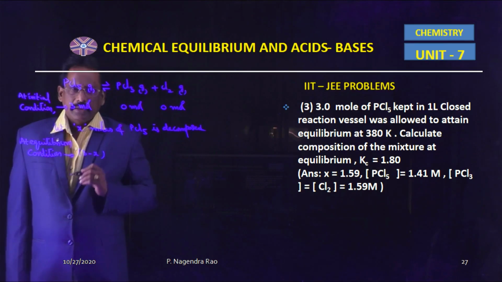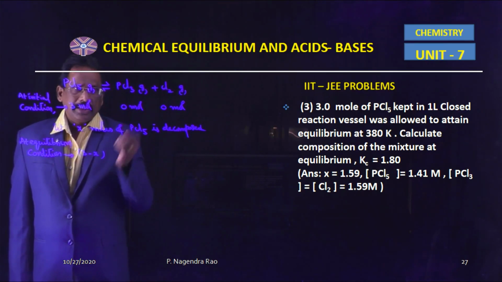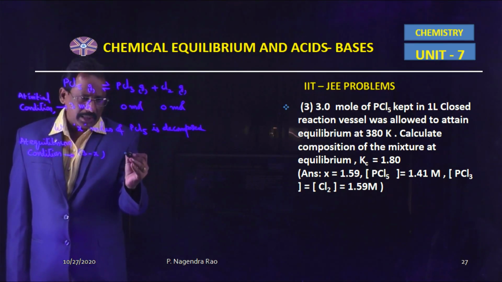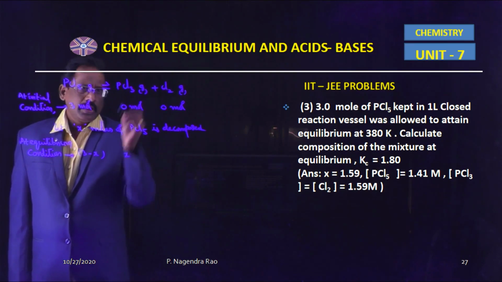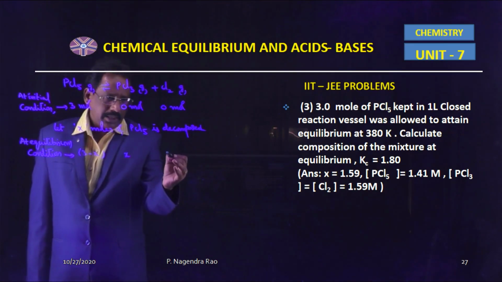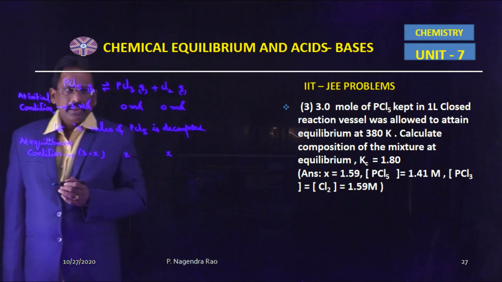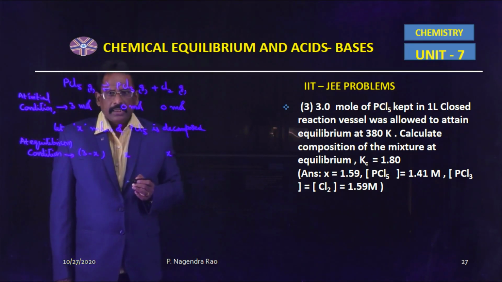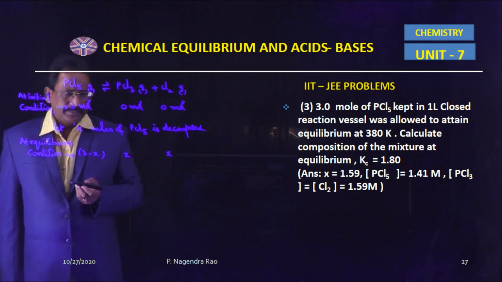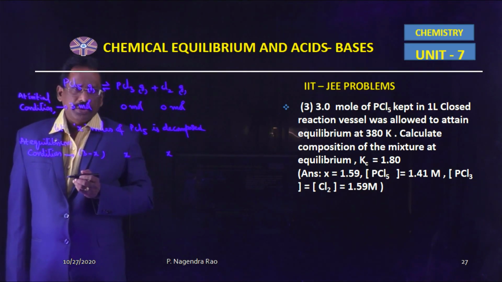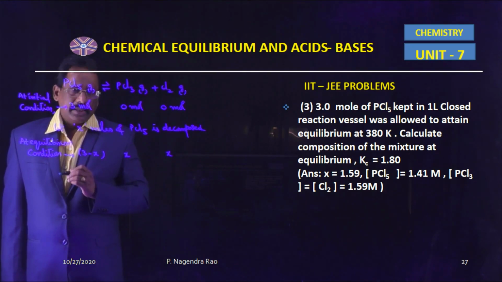It is a 1:1 ratio in the original chemical reaction. That's why x moles of PCl3 and x moles of Cl2 gas are evolved from the decomposition of PCl5 gas.